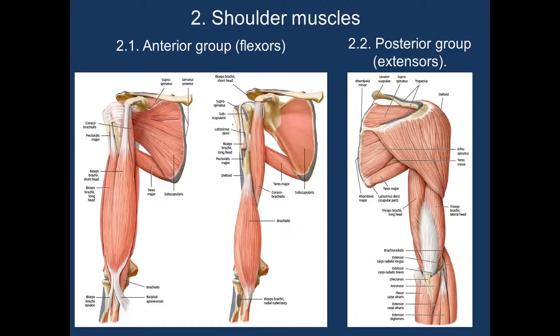Next group of muscles we call shoulder muscles, and we distinguish anterior group, we call them flexors group, and posterior group of the shoulder called extensors, because they form extensor in both shoulder joints and the cubital joint, articulatio cubiti.